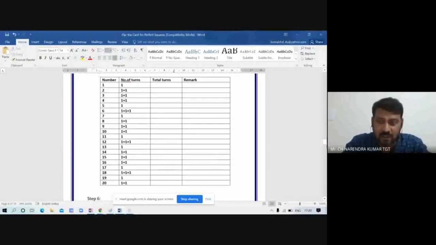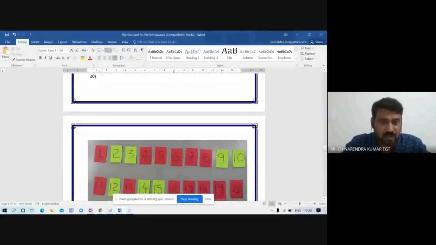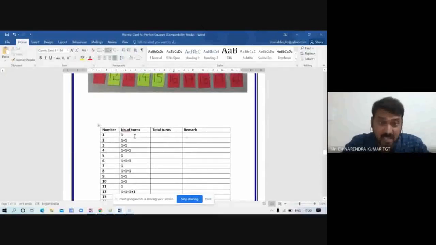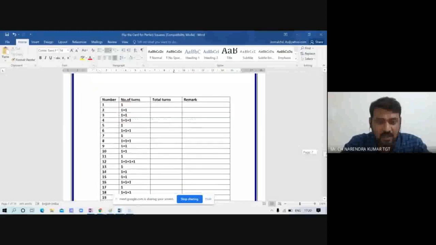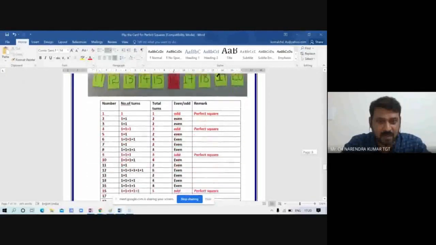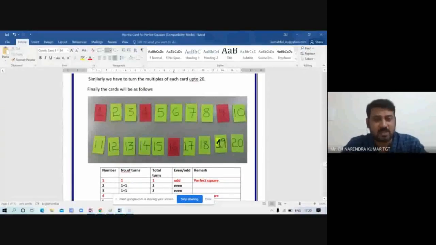After 3, go for 4, then 5, like that. You keep on continuing turning the cards. At the end, after turning like this, and noting down the number of turns also, we will get something like this. See, ma'am, like this. So what can you say from this?